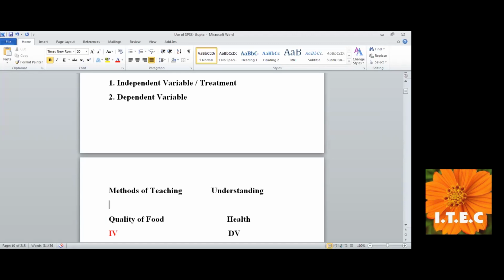The understanding of students depends on the methods of teaching used by the teacher. So it is an independent variable and your understanding becomes a dependent variable.